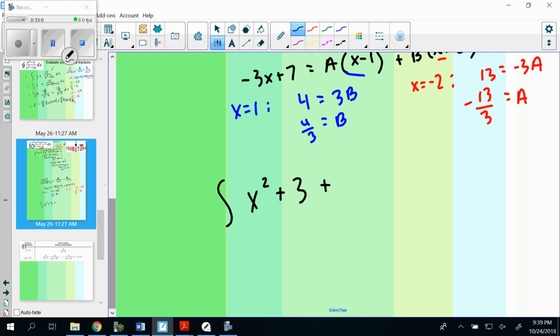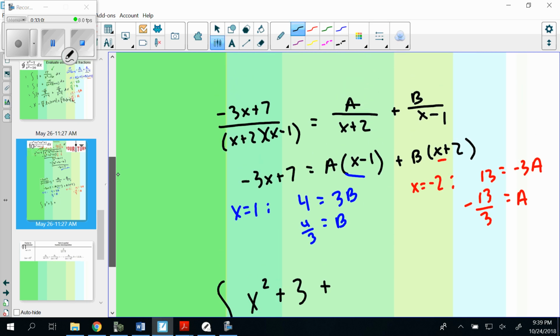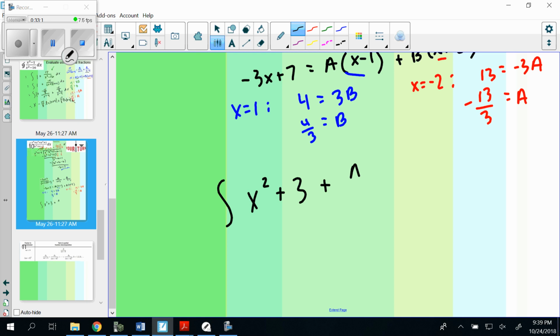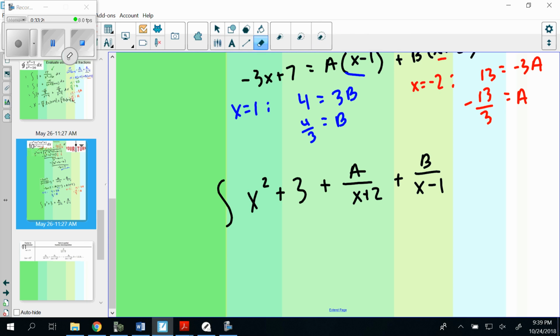Now that we know what this splits up to be, we had a over x plus 2 plus b over x minus 1. And if we plug those numbers in now, a is going to be negative 13/3 and b is going to be 4/3.